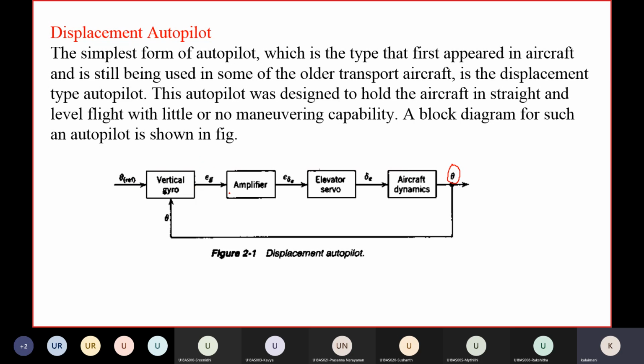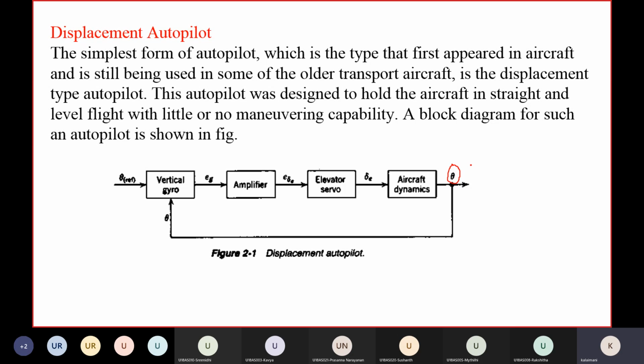Then the voltage signal is amplified and passed through the elevator servo. This elevator servo will actuate your elevator. So if theta causes a positive change, then the elevator will deflect upward, and the aircraft will come back to the reference or steady level flight.